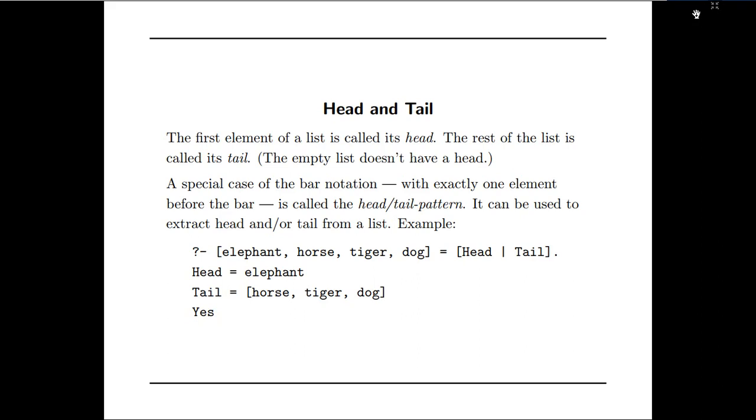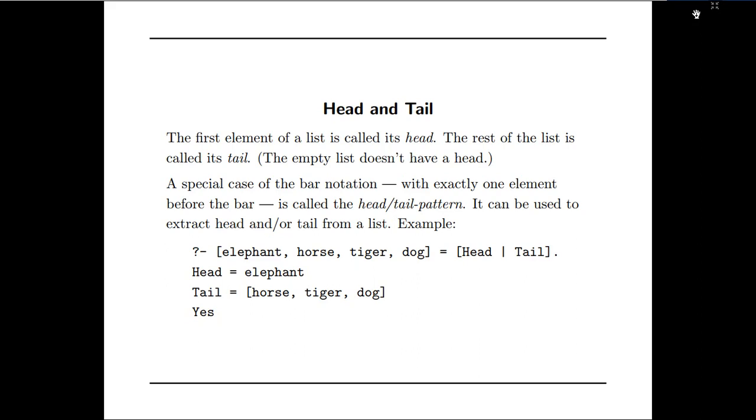A special case of bar notation with exactly one element before the bar is called the head and tail pattern. It can be used to extract the head or tail from the list. For example, elephant, horse, tiger, dog is equal to head bar tail.